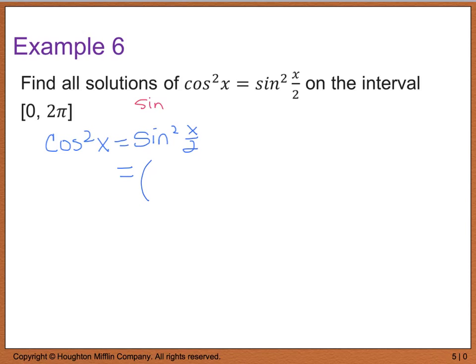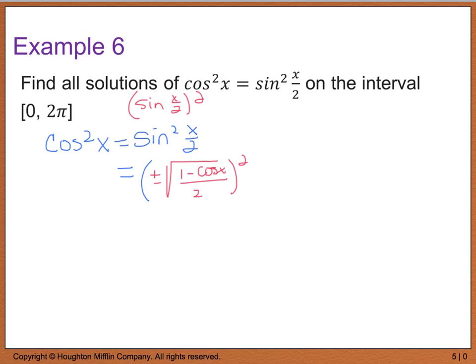It really looks like this. So I can apply my half angle formula, and the half angle formula for sine is going to be plus or minus the square root of 1 minus cosine x divided by 2, and then we're going to square that.